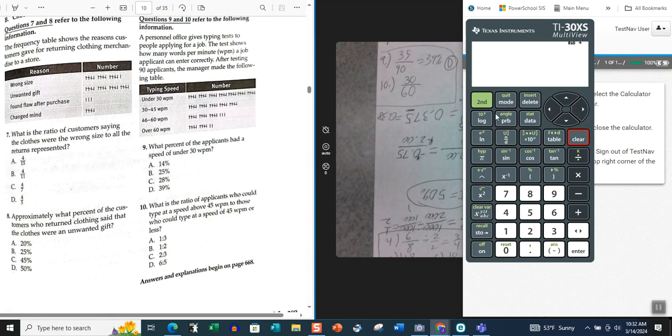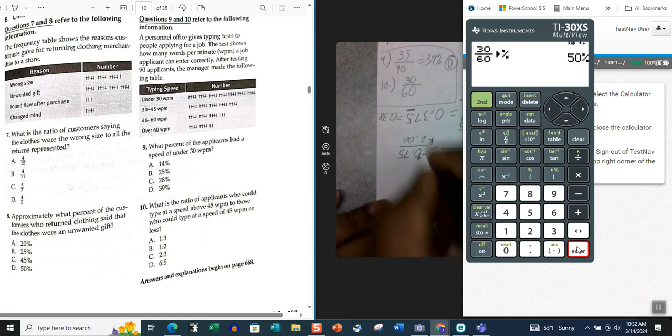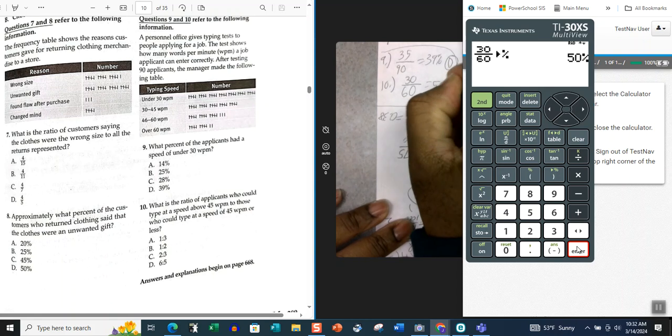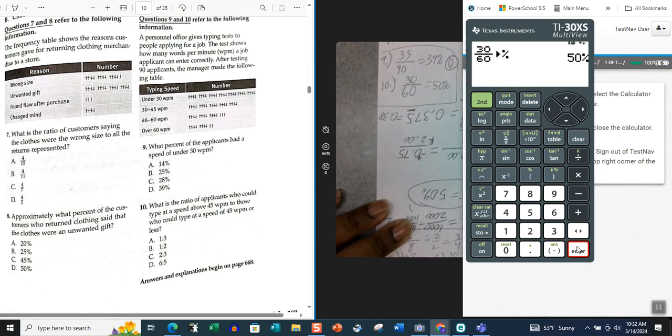Now, we should know this, but if not, let's just go through this. 30, down arrow 60. We know 30 over 60 is supposed to be 1/2, which is 0.5, but we could go through the steps here. So now we'll press second and the right parenthesis and press enter. So that'll be 50%. Oh, you know what?